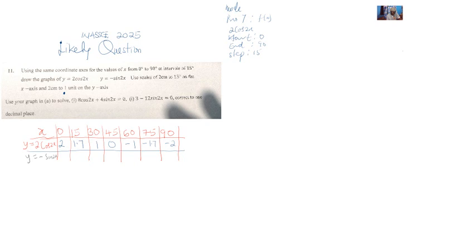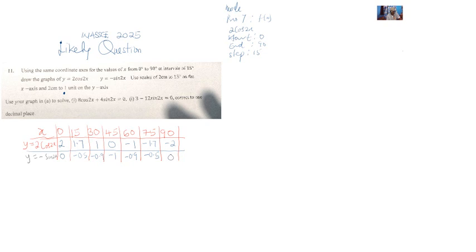And then the second y values will give you 0, minus 0.5, minus 0.9, minus 1, then minus 0.9 again, then minus 0.5. Then the last one will give you 0.